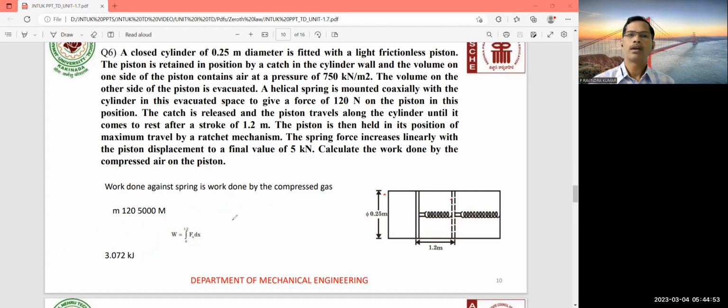The work W is equal to half k x squared, where k is the spring stiffness. Sometimes you have to use this formula also, right?